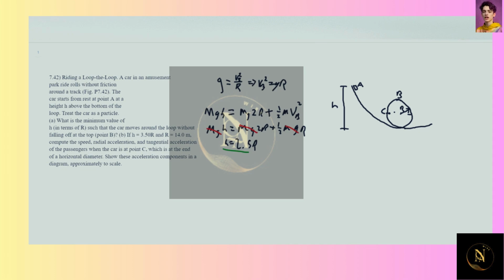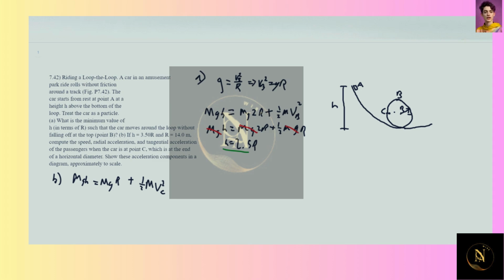Okay, I'm going to set up another conservation of energy equation. I'm going to write down mgh equal to mg times R, since at this point the height is only R because it's only gone up one radius, plus 1/2 m v_C squared. Again, v is going to be different at point C compared to point B, and that's what we're trying to find.